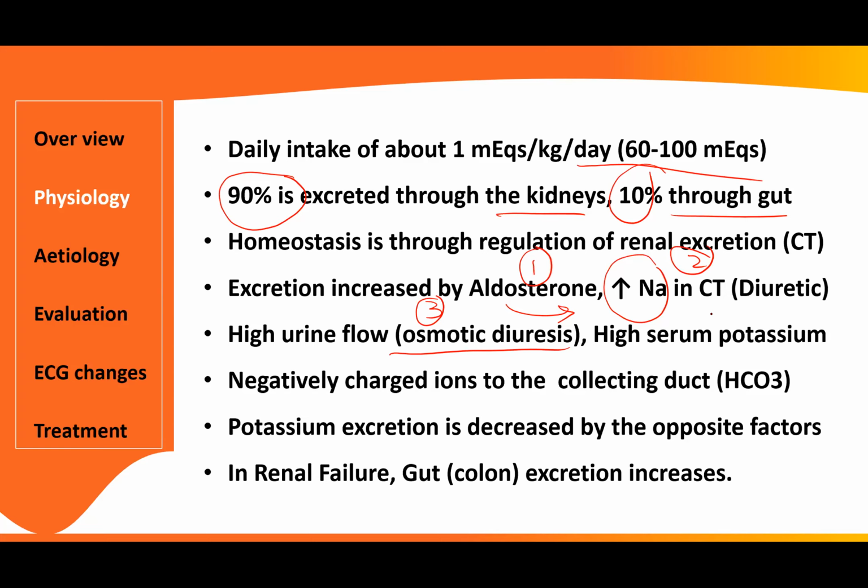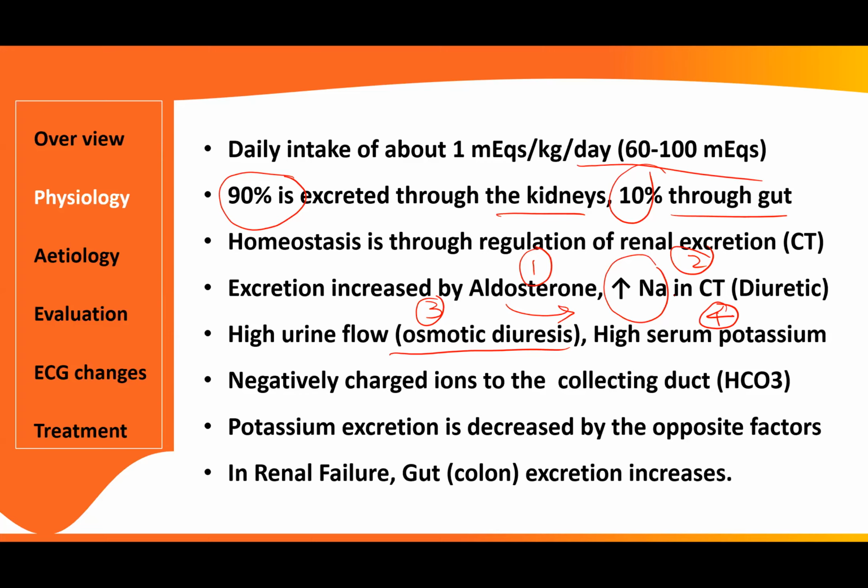Four, when the serum potassium is high, the body would like to excrete the excess potassium through the kidney. So these are the four renal mechanisms. Aldosterone conserves sodium and excretes potassium. More sodium by diuretics promotes more potassium loss, osmotic diuresis produces potassium loss, and high serum potassium leads to loss of potassium in the urine. This is the renal regulation.